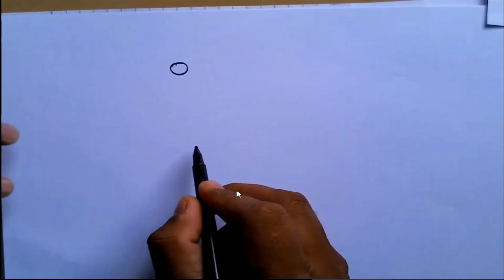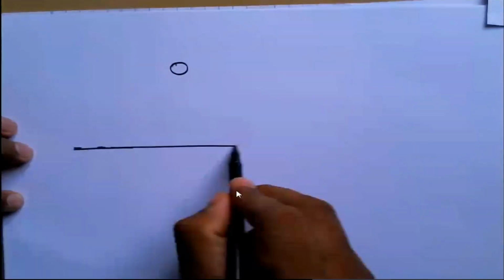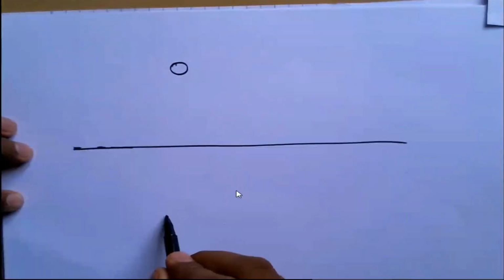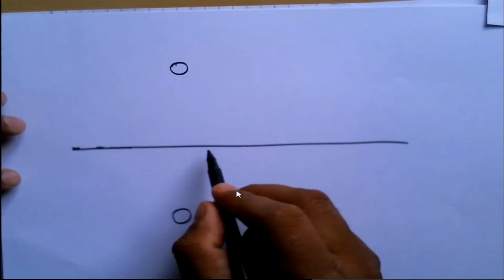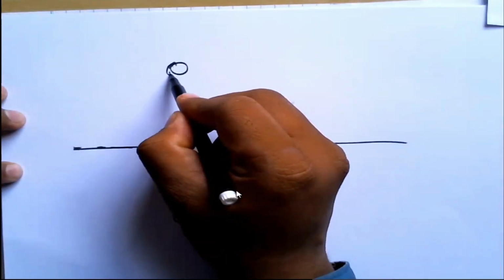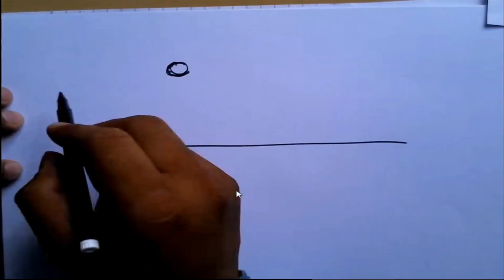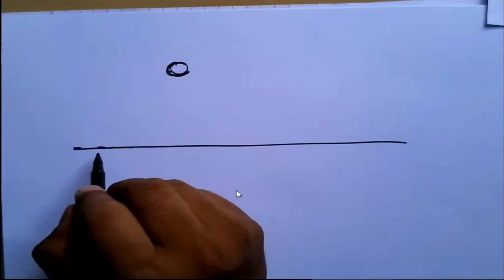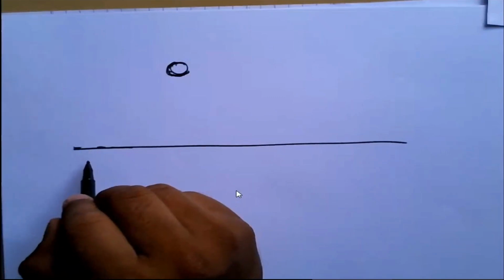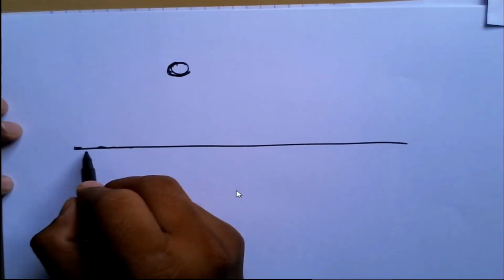Here, what we are going to do, let us suppose this is one conductor above the ground, and its image is below the ground. Both of them have the same radius. Now here we are going to consider origin O, and generally this origin is considered on the ground.